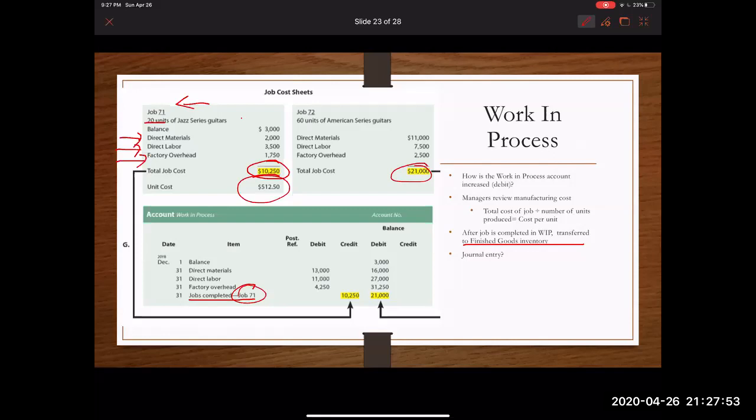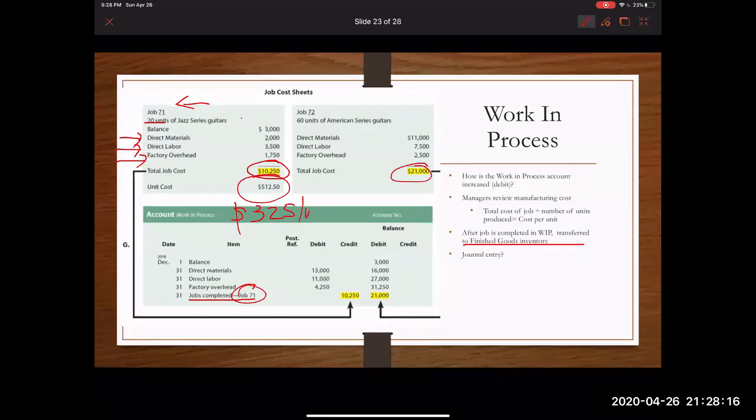Now, this could be very useful for a manager because these are not isolated events in a sense. You can study this data to help you control operations and cost going forward. For instance, let's say last year, in another job, there were 20 units of Jazz Series guitars. However, maybe the cost of making those guitars was, say, $325 per unit.